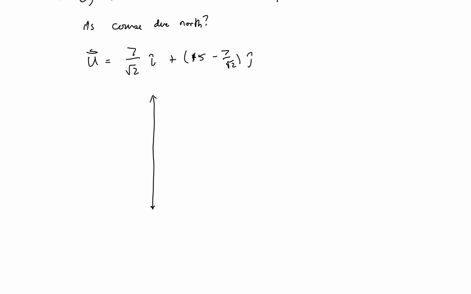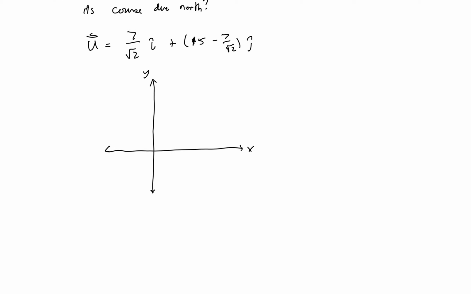So if we were drawing this, we have this vector, something like this. And what we're interested in is, what is this angle here? Well, I know that this distance from here to here is 7 over square root of 2. And this distance from here to here is 15 minus 7 over square root of 2.